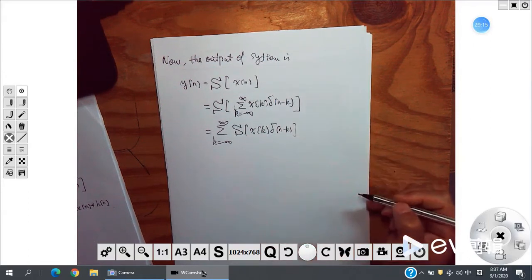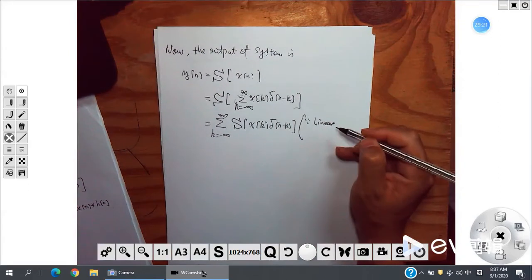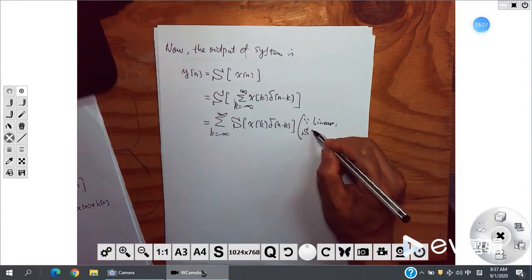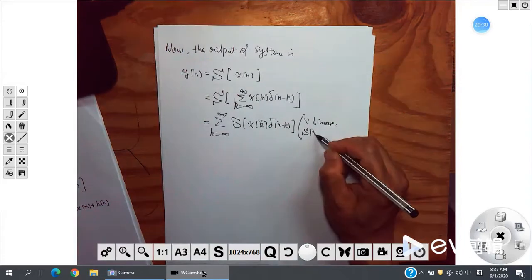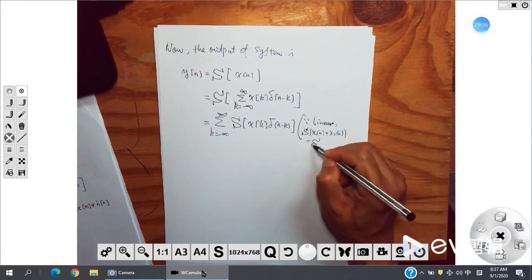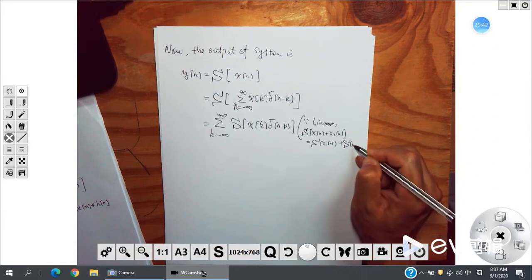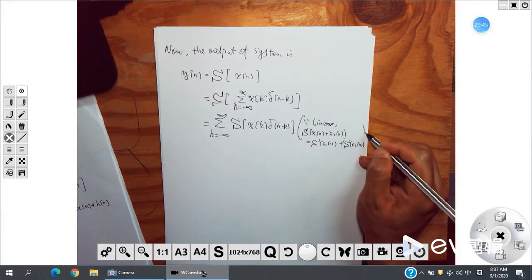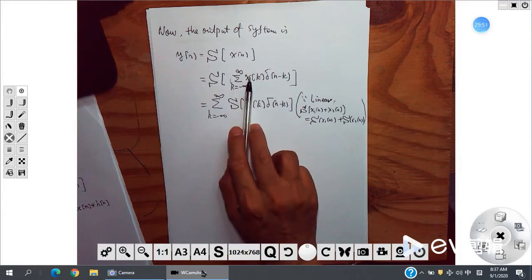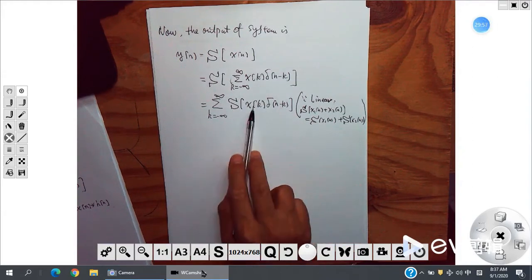We have this because it is linear. And for linear systems, we use the feature that S of x1 of n plus x2 of n equals S of x1 of n plus S of x2 of n. So you can find S for each term and then do the summation.